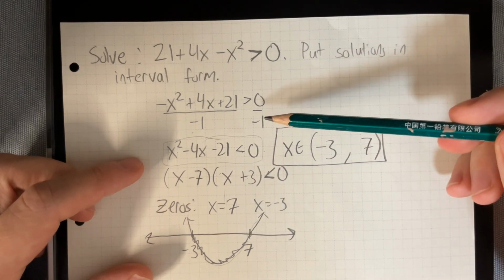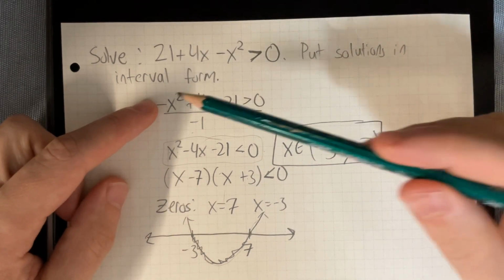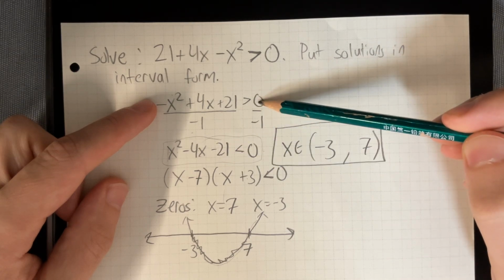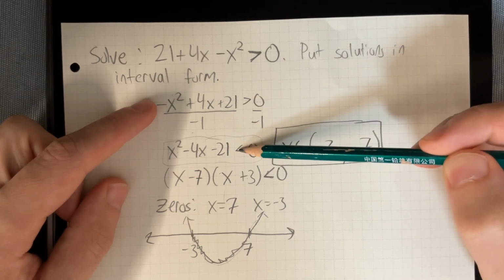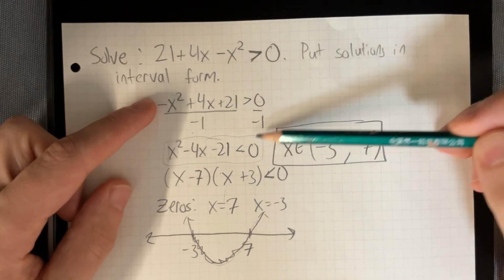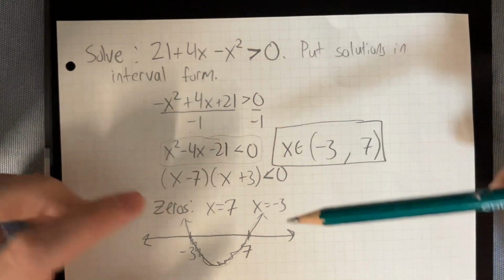Just kind of standardizes the problem. So dividing by -1 just switched each term to its opposite. Since we divide by -1, we had to switch the inequality symbol. Whenever you divide or multiply by a negative, you have to do that.